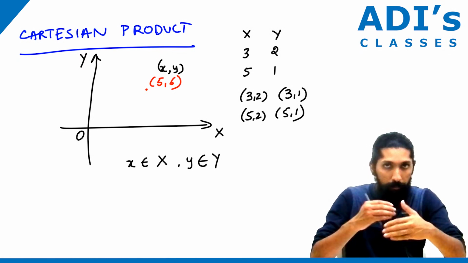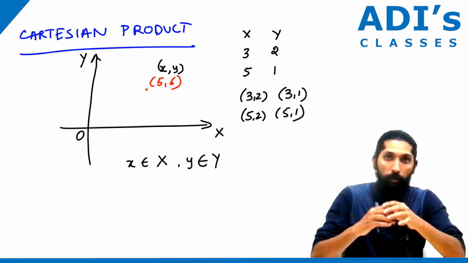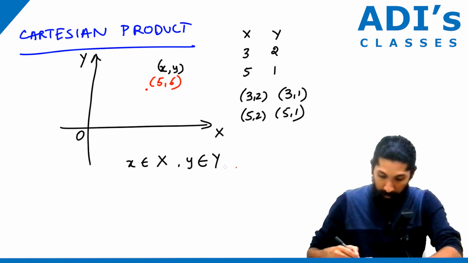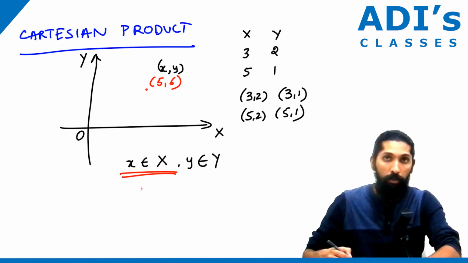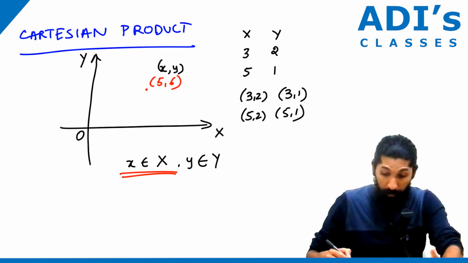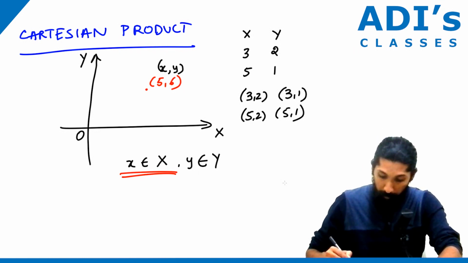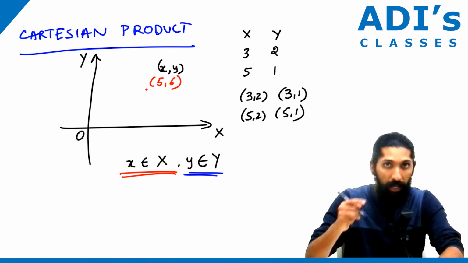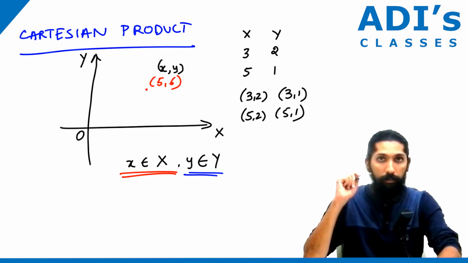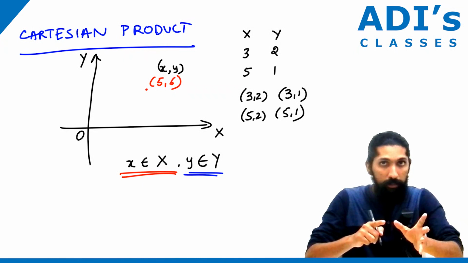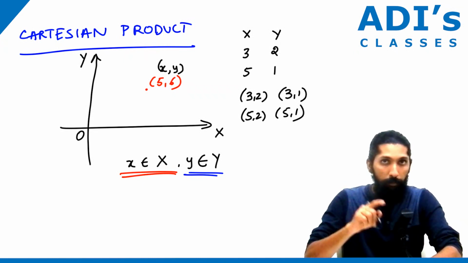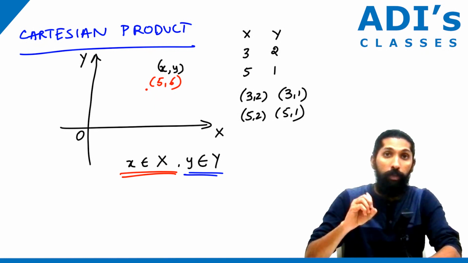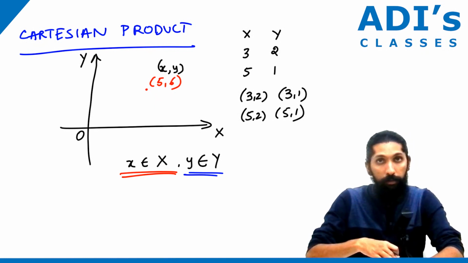Now guys, what I'm trying to tell you is, for every value of X which belongs to X, and for every value of Y which belongs to Y, we have a point X, Y, correct? For every X and for every Y, we have a point X, Y. Now this X, Y is what we call an ordered pair.